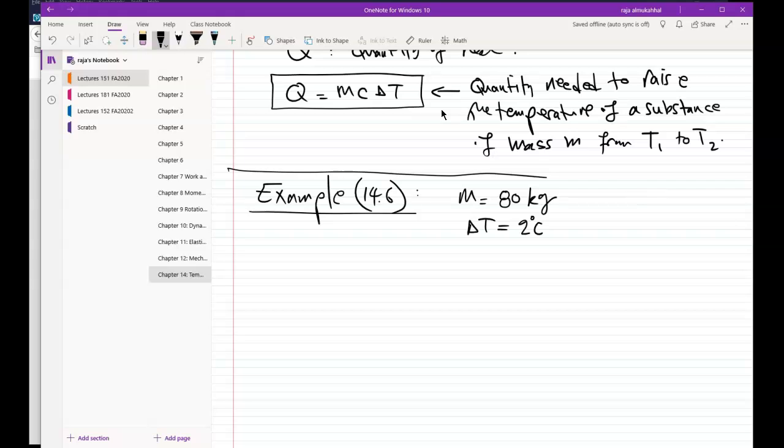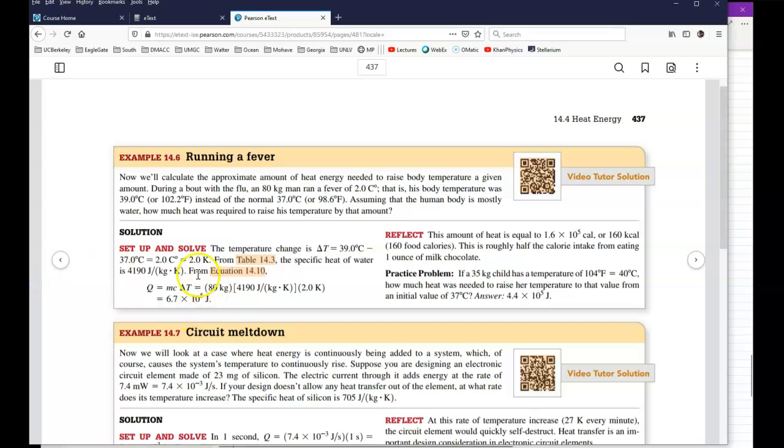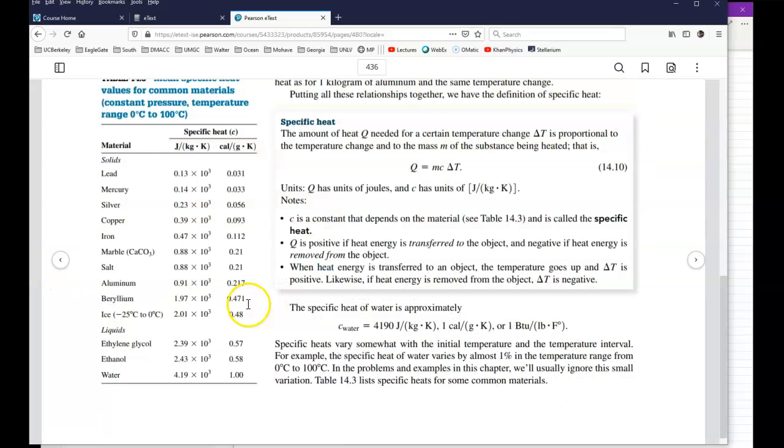Then he said the specific heat of this man is approximately equal to that of water. So we have to go back and look up specific heat for water. Previous page. It's right here. We got 4.19 times 10 to the third.